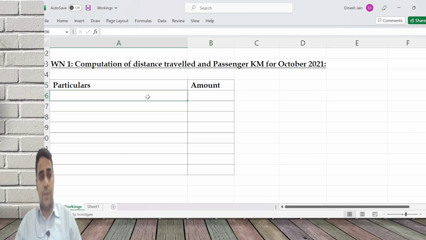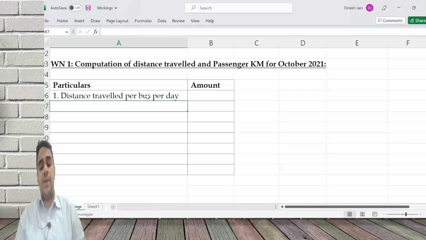Particulars and amount. Point number one, distance traveled per bus per day.